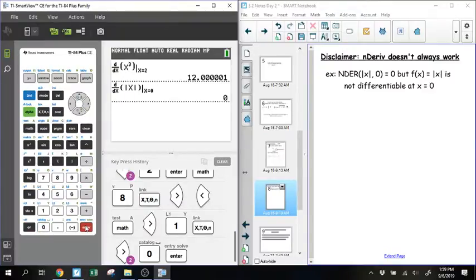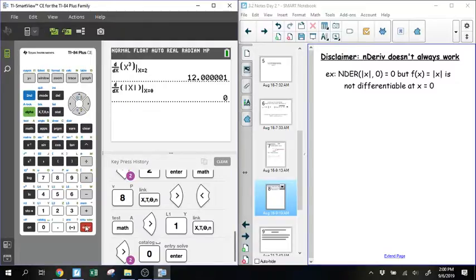So this is a wonderful function, can really help us speed up our process on finding numerical derivatives, but we have to understand where its limitations lie and that it will find us a derivative for everything, even if it doesn't exist there, because it's finding that and a point really close next to it. So it's not specifically at 0, it's really close to it. And so that's why it's not understanding that there's not actually a derivative there.